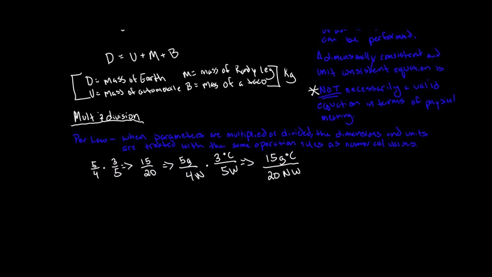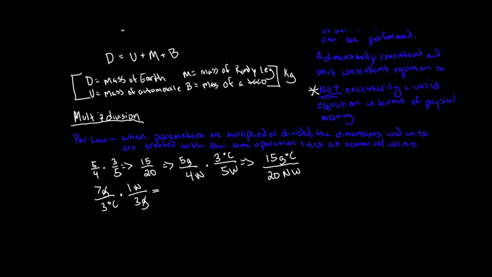And then the same thing applies for canceling. So if we're looking at 7 grams per 3 degrees Celsius times 1 Newton per 3 grams, we see that these grams cancel.